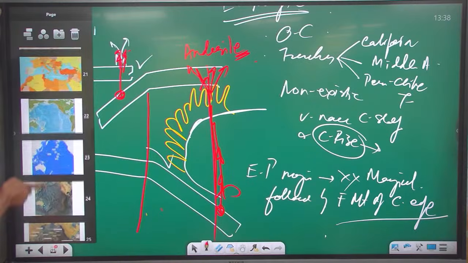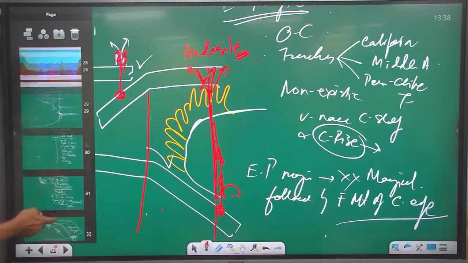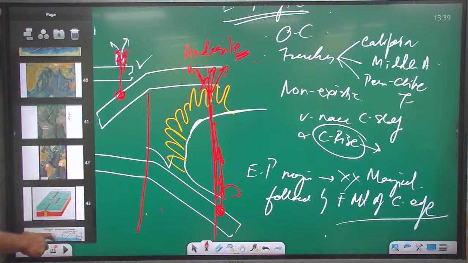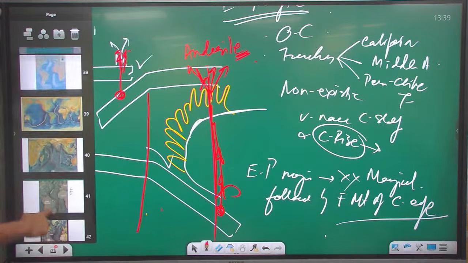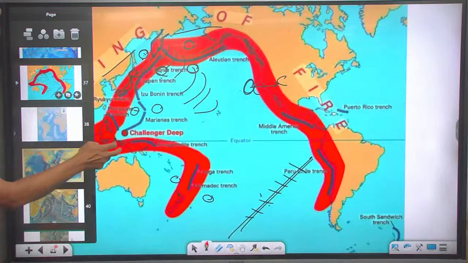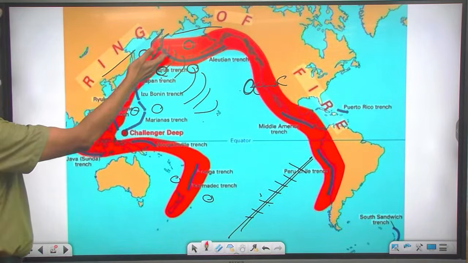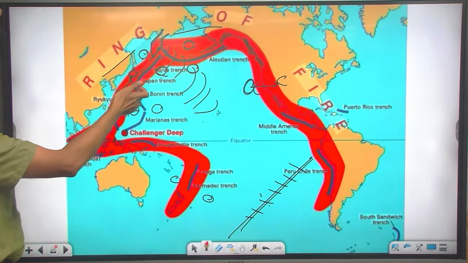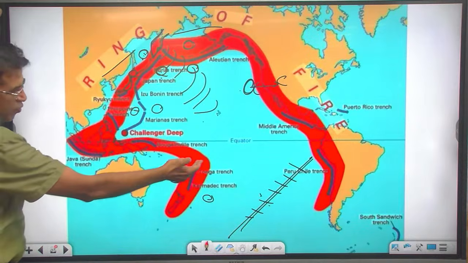In this class, right, this one here. Okay, so we have trenches: the Kuril Trench, Japan Trench, Sioux Trench, Mariana Trench, Philippines Trench, and the Tonga Trench.